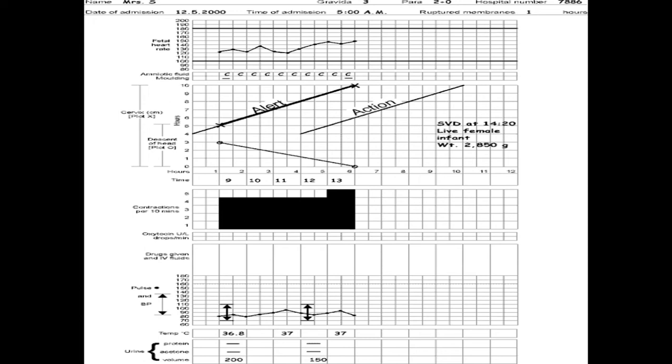But active management of labor, which happens between the alert line and the action line, means that the physician will have to interfere. What are the interferences of the physician in the period between the alert line and action line? There are two interferences, and they start with the letter A. The first is amniotomy, which is artificial rupture of membranes.